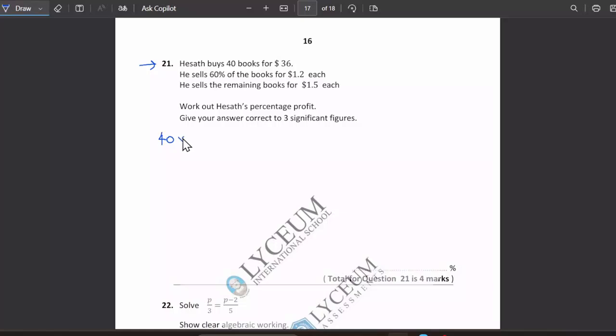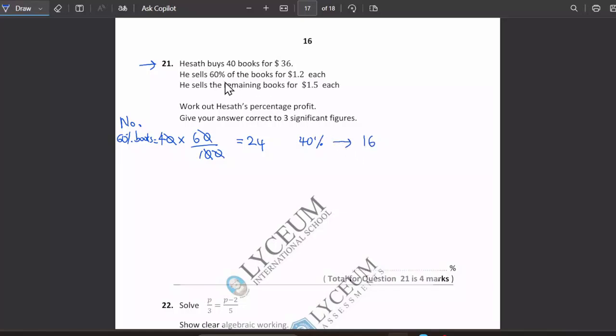So 40, we can work out the 60%, 60 over 100, the number of 60% books. Then we get 24. So how many books are there in 40%? We have 16 books.